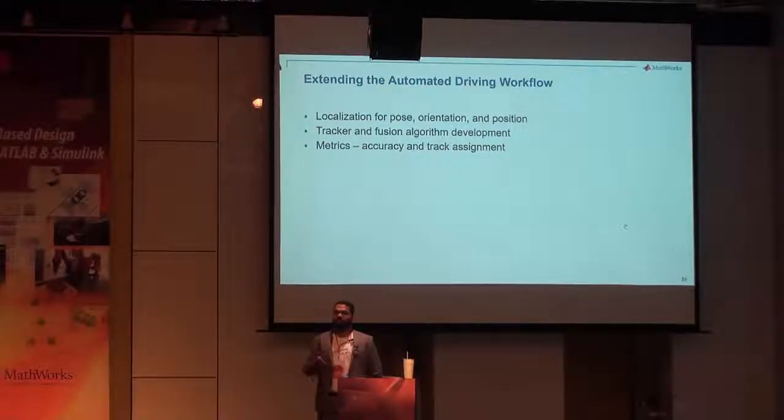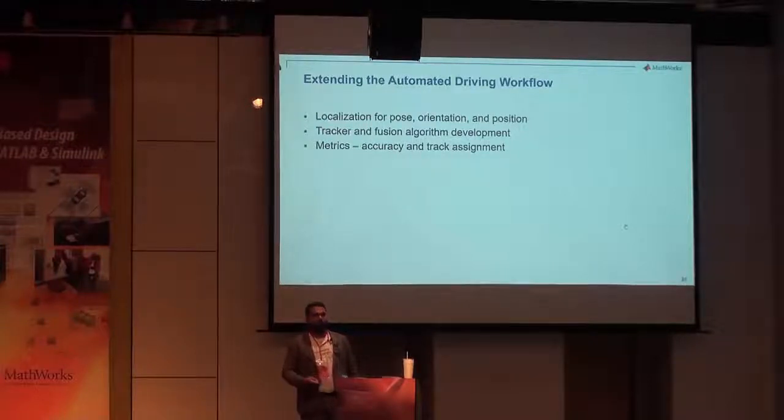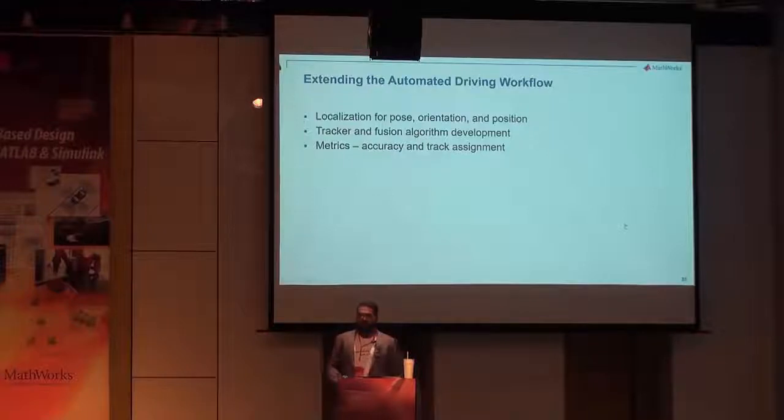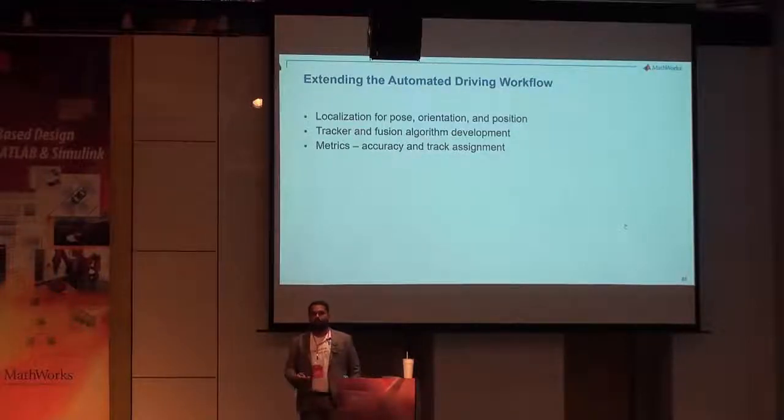This is something that Georgia mentioned in today's morning talk. I'll talk more about that. There is the ability to have low-level control over the development of a tracker and the algorithm. And then finally, you get more metrics so that you can measure the accuracy of your tracks.